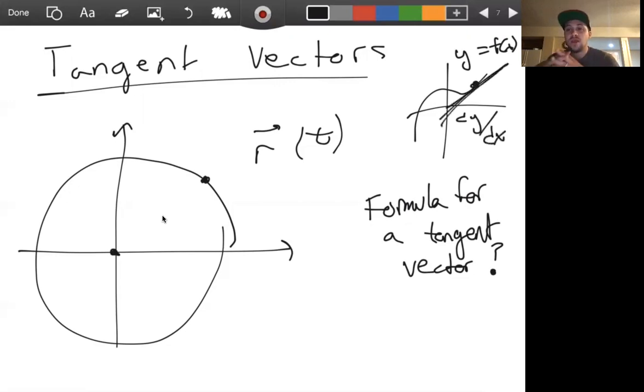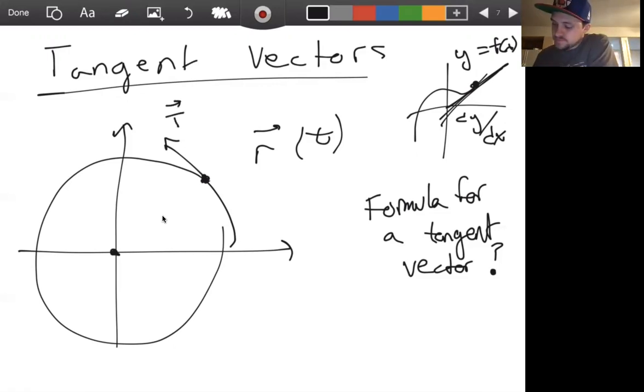So derivatives and tangent lines are very much intertwined. So we are finding a formula for a tangent vector to a curve, with initial point on the curve. It's not a very good picture here. So we have an initial point on the curve, and then we have some tangent vector. Let's call it capital T here. How can we get a formula for this?